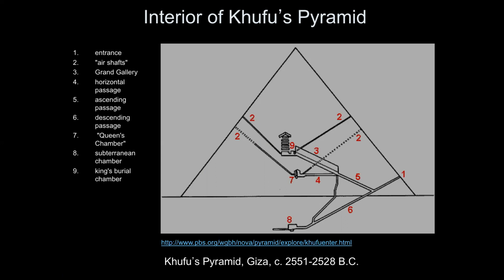But the idea is basically what we have is a man-made mountain with millions of metric tons of stone above it. So having this tiny chamber, which is lined with granite, which is a very hard stone, the pyramid builders quickly realized that could be a problem.